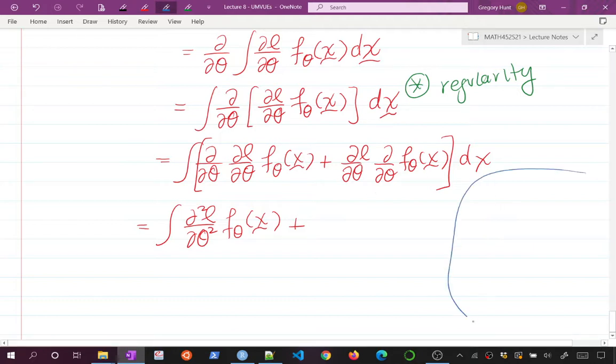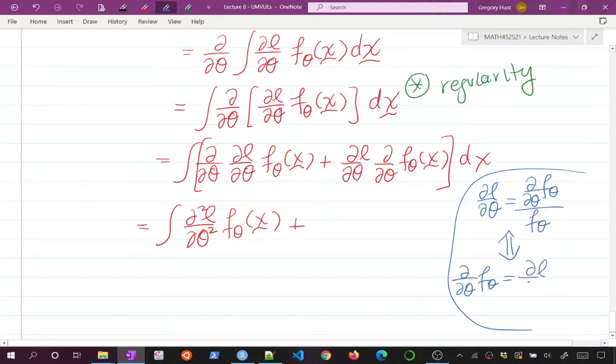Note from above, we had the fact that dl d theta was d theta f theta over f theta, right? And so we could rearrange that. This is going to be a simpler way of doing it: if we looked at d theta f theta, this will give us dl d theta times f theta.